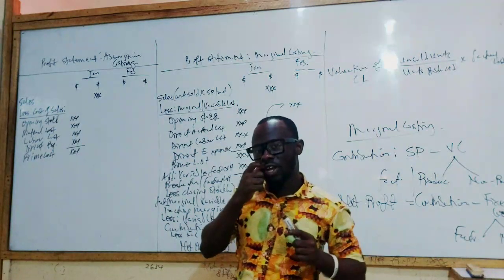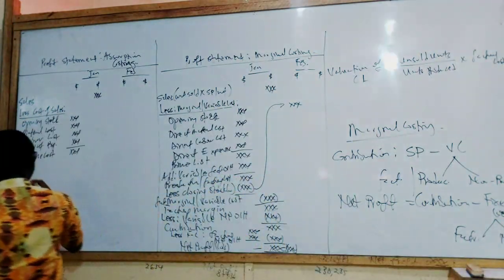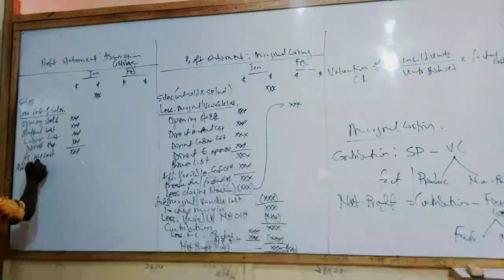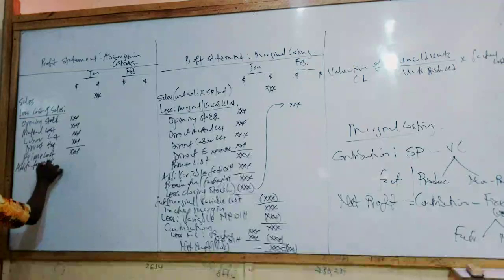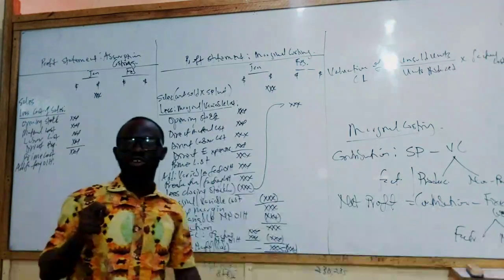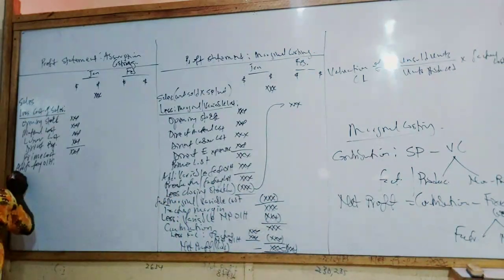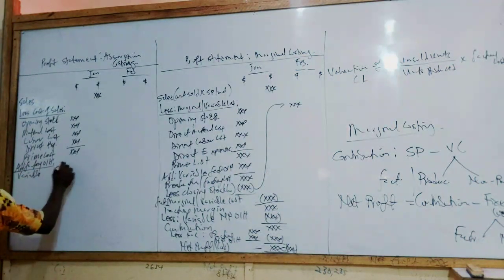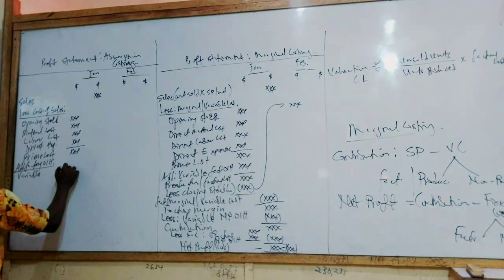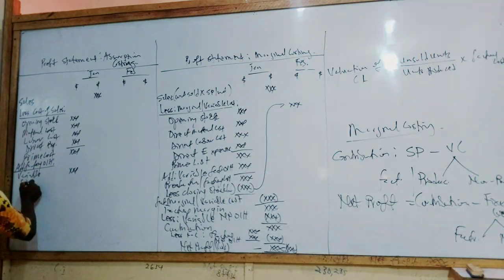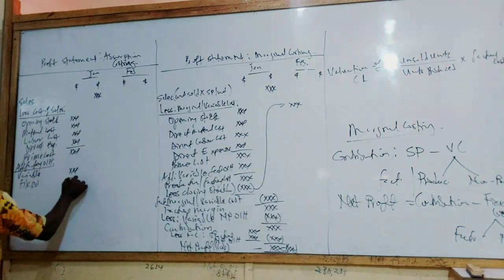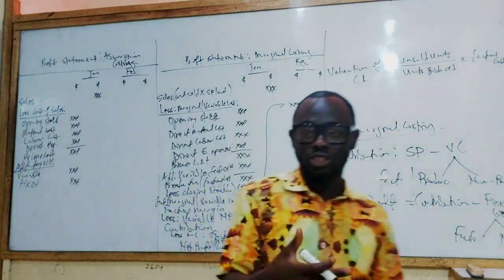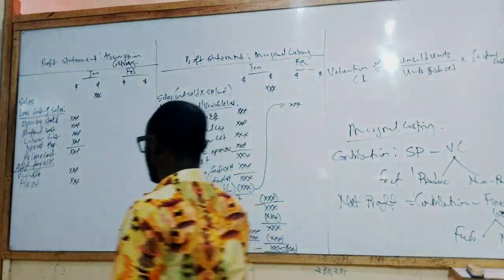But this is where the difference begins to come in. We will say add factory overheads. Now, under the add factory overheads, we're going to be bringing both the fixed factory cost and then the variable factory cost. So we bring the variable and we bring what? The fixed. This is where one of the differences comes in, and you should be able to spot that as soon as possible.